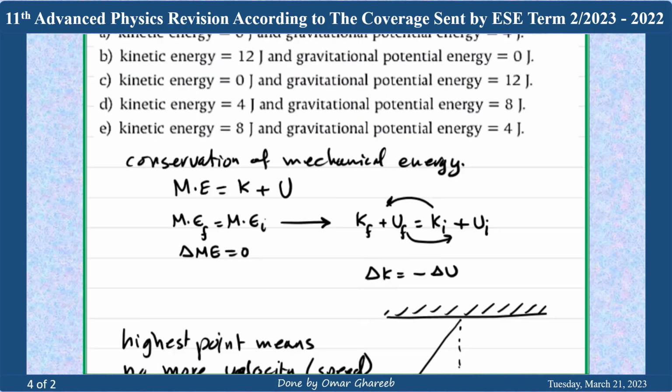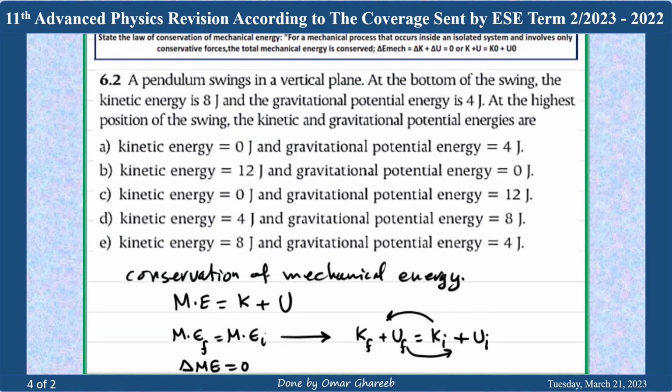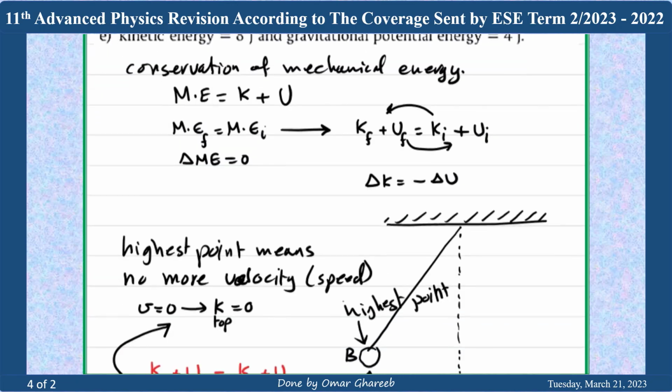Go back to the alternatives. What is the answer? I think it's C. Kinetic energy is 0 and the gravitational potential energy is 12. And you can generalize this procedure in any mechanical situation, not only for the pendulum.